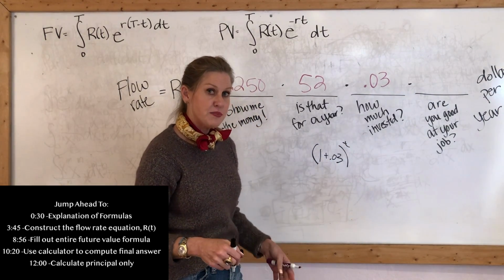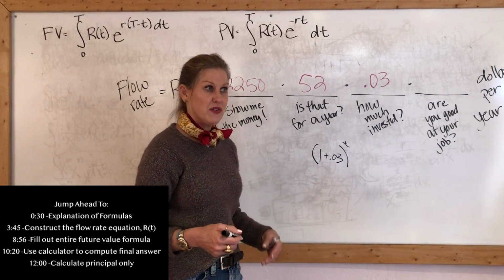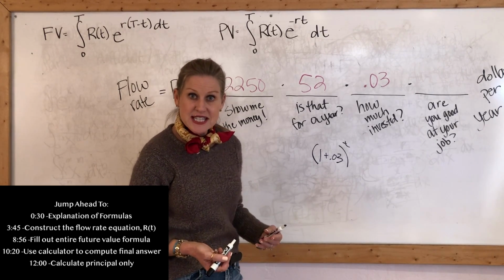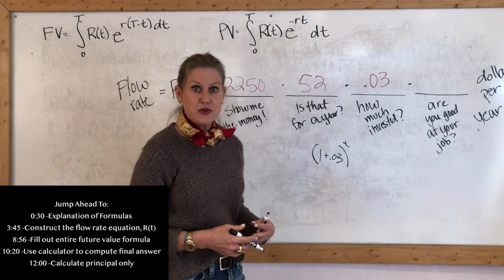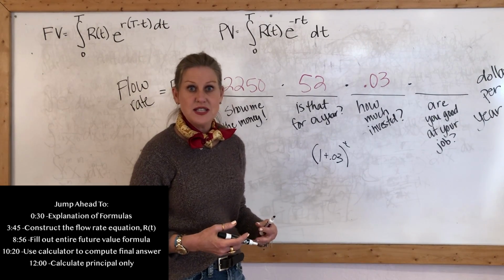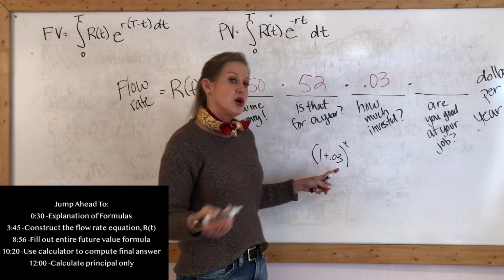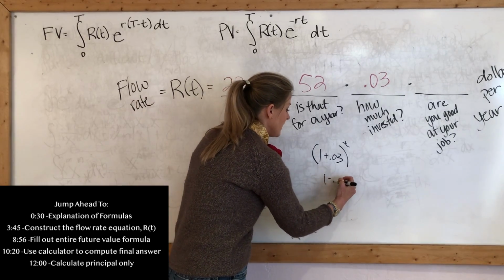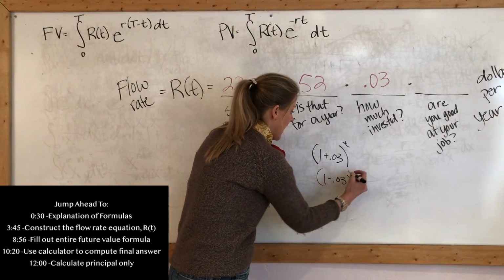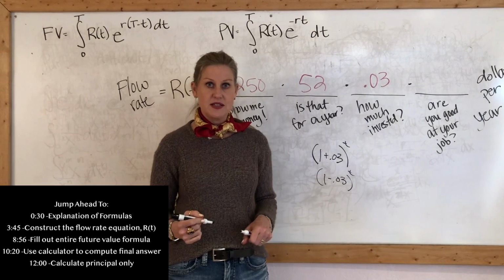If they expected that they were going to get decreases in their salary every year, sometimes that happens with major corporations. They expect revenue to decrease. If I have a percent decrease, I would do 1 minus that amount, again raised to the t.